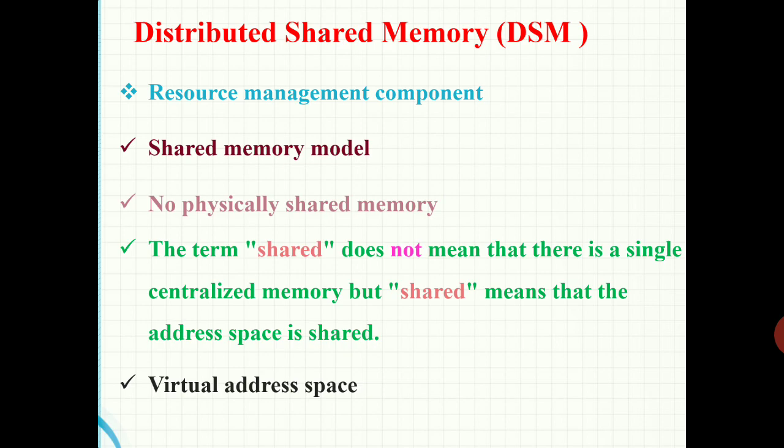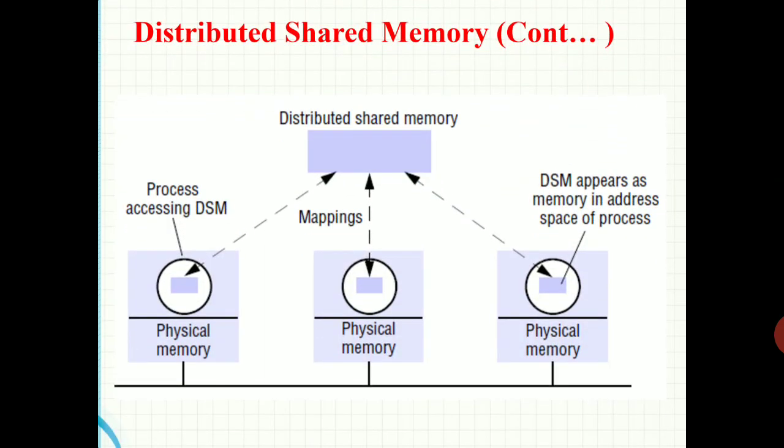Here you can see that each and every node has its own physical memory. That part of the physical memory is shared by all the nodes in the system. So it forms the logical or virtual shared space. That virtual space can be shared by all the processes in the system.